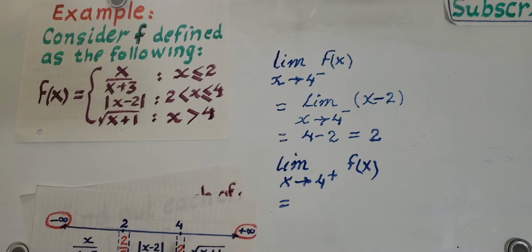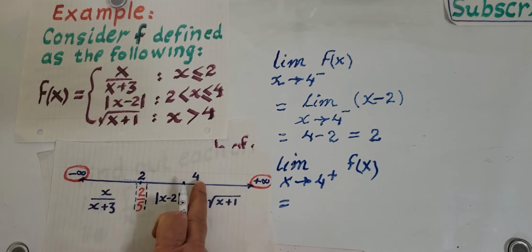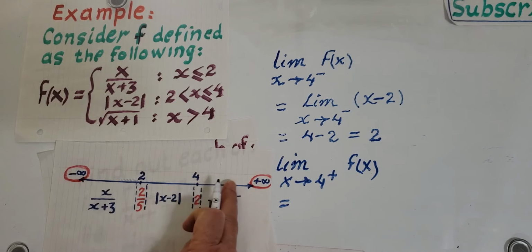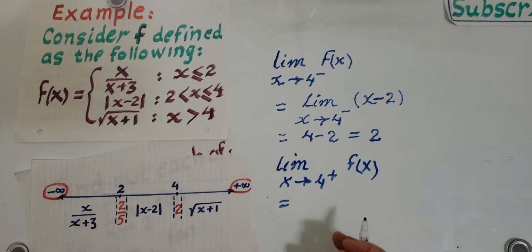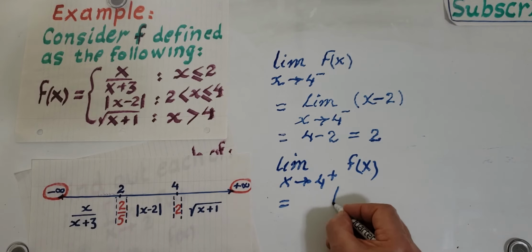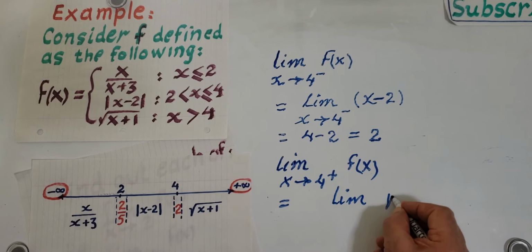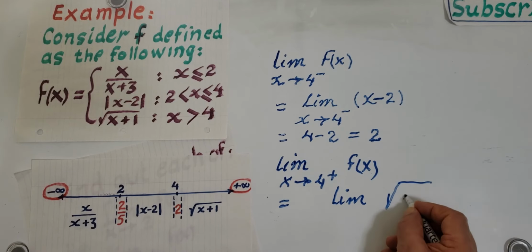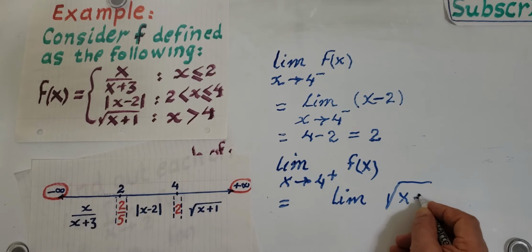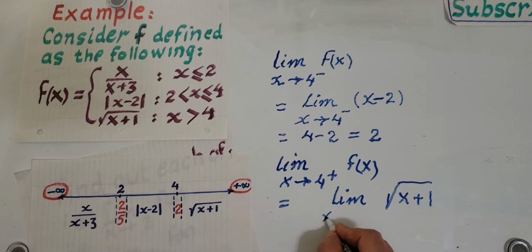From the right of 4, we will take this equation. So we will use the equation square root of x plus 1 when x approaches 4 from right.